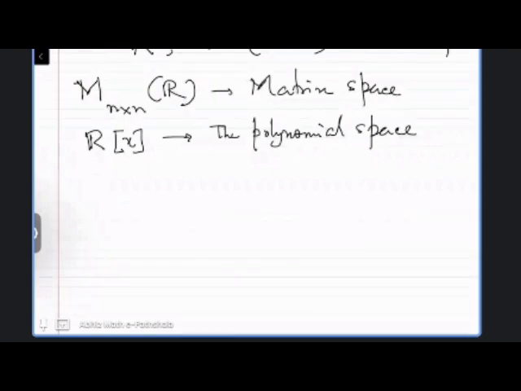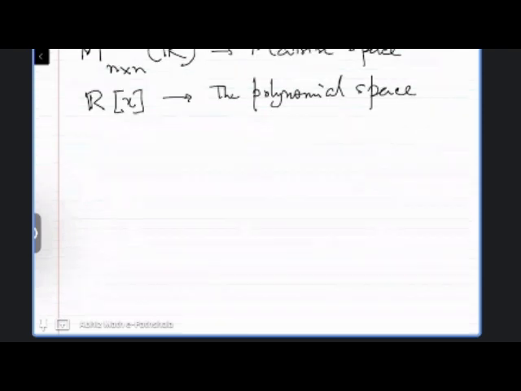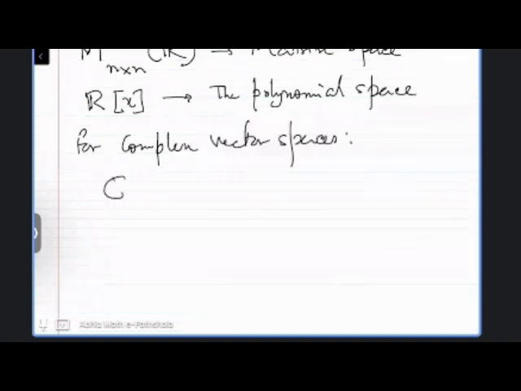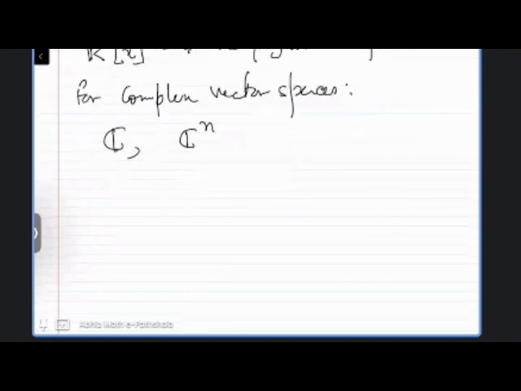And likewise you can also define the counterpart, that means complex vector spaces. For complex vector spaces we would have C, Cn, right?